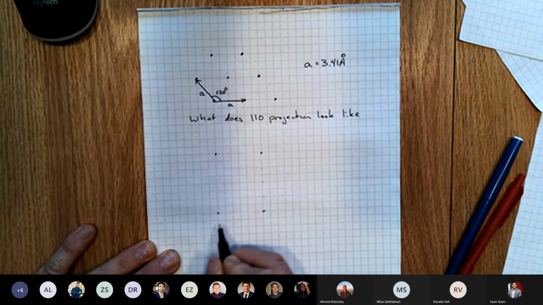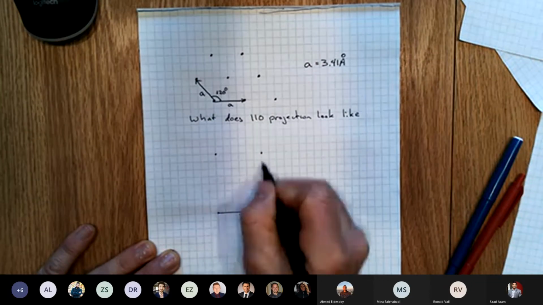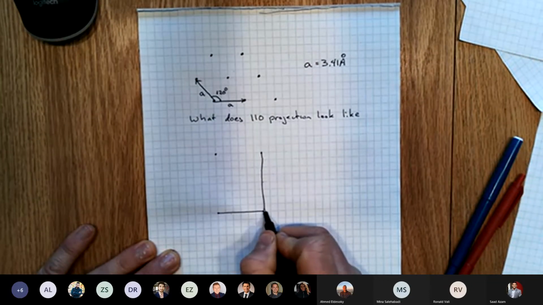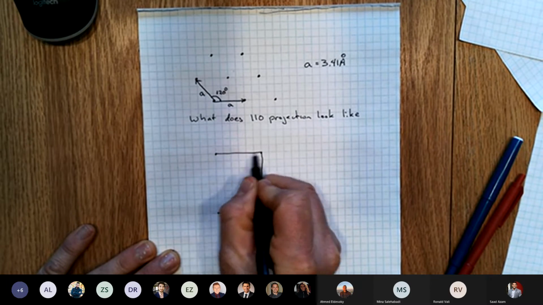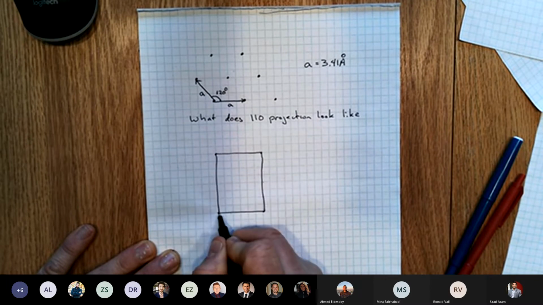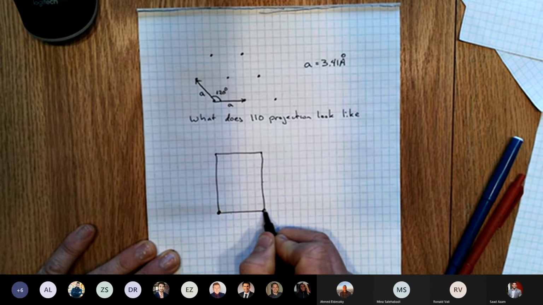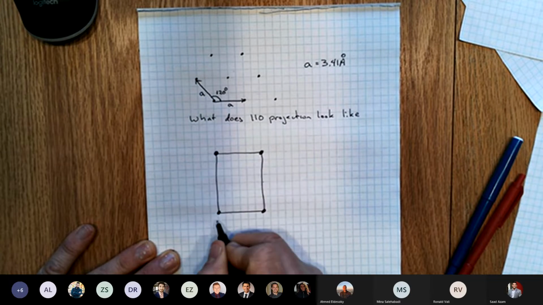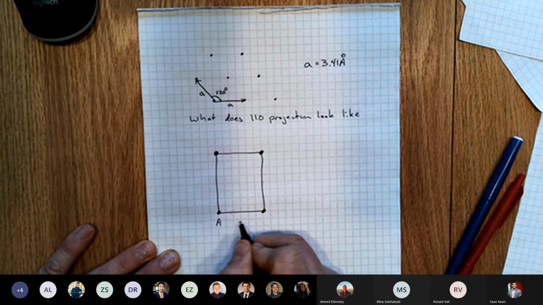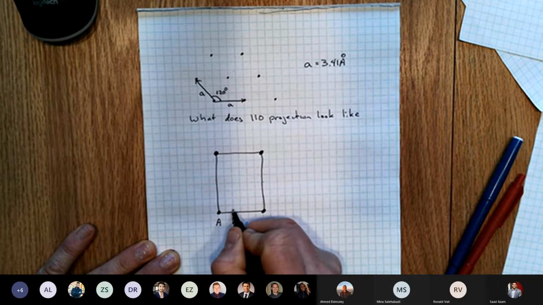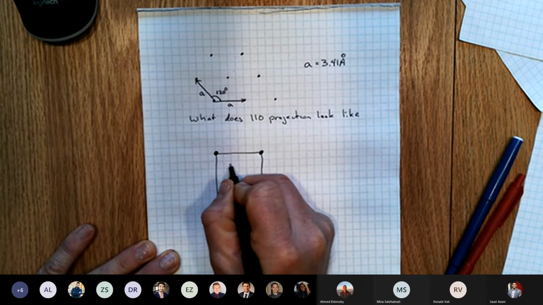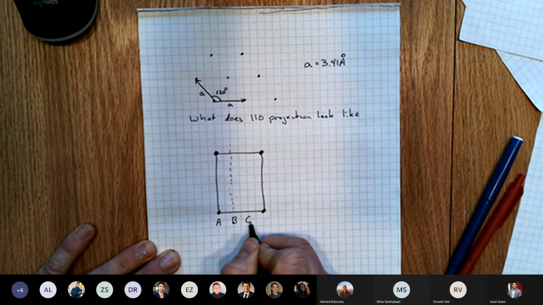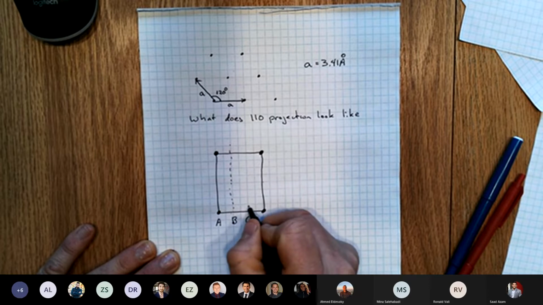I'm drawing the unit cell box in the 110 projection. The titanium atoms are here on the corners, and these are the A sites. The B sites lie along a line like this, and the C sites lie along a line like this.